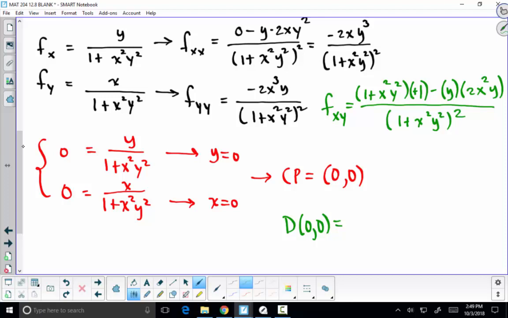And that's 0. So we're going to have 0 times 0 minus 1 over 1. So we plug in 0 here, we get 1, that goes away. 1 over 1, so we get plus 1. So we get minus 1. So we have -1 for our discriminant.